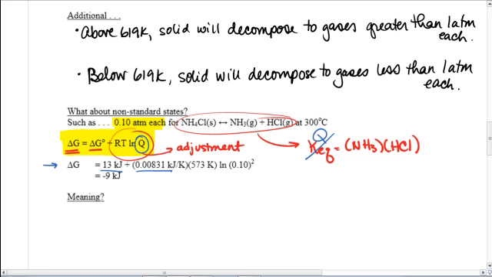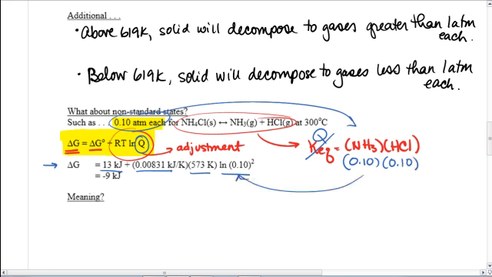It's the 8.314 version, but I've changed it into kilojoules so that the units will work out. That's the only difference. Here's our 300 degrees Celsius in Kelvin. And this natural log 0.10 squared is because if we're at a 10th atmosphere each, then we're at a 10th atmosphere of ammonia and a 10th atmosphere of HCl, and we take the natural log of that value. That's the adjustment. So that's where that came from.